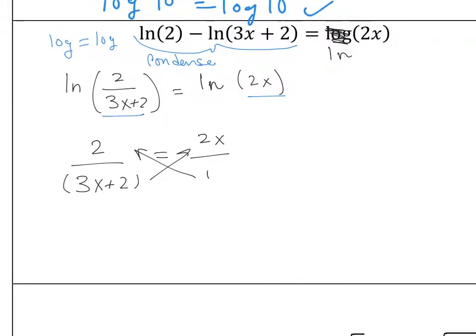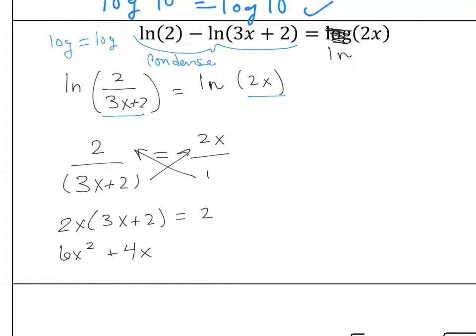Doing that, I have 2x times 3x plus 2 is equal to 2, or I have 6x squared plus 4x.